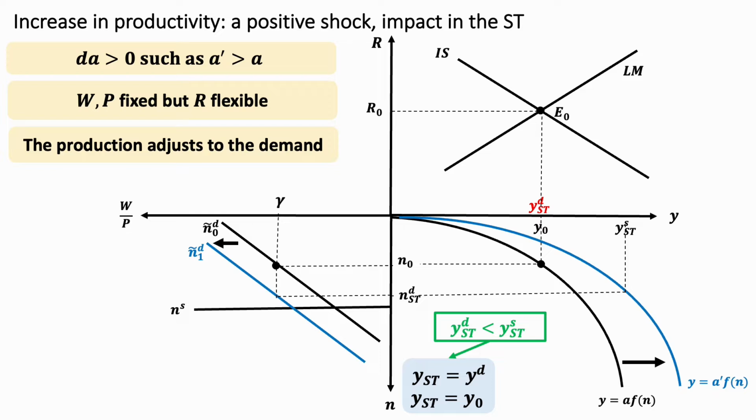So, in the end, the short-term production level has not changed compared to the initial long-term equilibrium because the demand did not change. Graphically, nothing happens in the plane Y-R as IS, LM, and BB are not impacted by the shock, and the interest rate also remains unchanged.